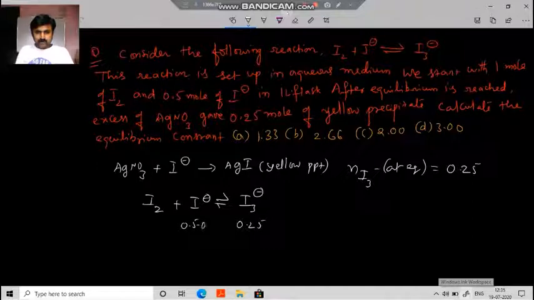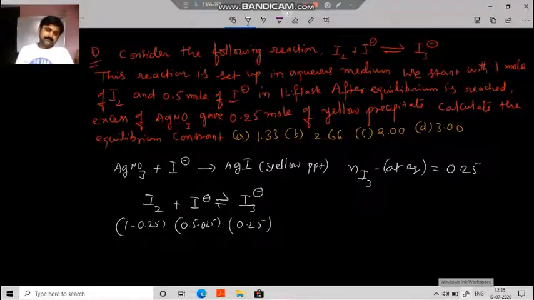So this I minus also will be 0.5 minus 0.25, and I2 is also 1 mole. From this, if you subtract 0.25, then you will get the I minus number of moles. Okay, so a 1 liter flask is there, so number of moles by 1 liter is concentration. So what is Kc for this reaction?